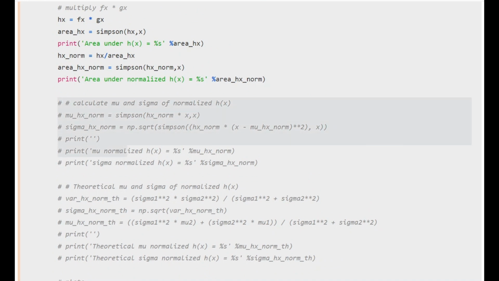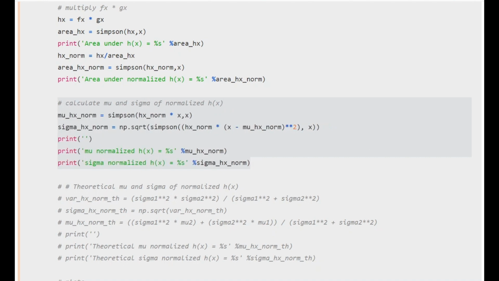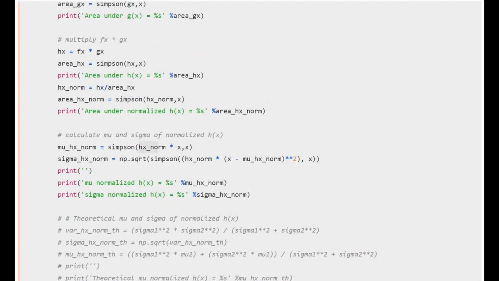I now would like to calculate the mean and sigma of hx normalized, as shown in the previous video where I derived those formulas. Firstly, let me go through the typical definition of mu and sigma, which is essentially that I take the PDF, multiply it by the x values, and integrate it over x. This should give me the mean of the normalized PDF.